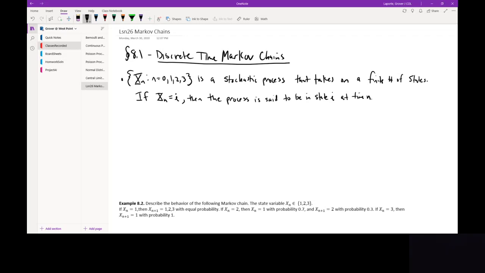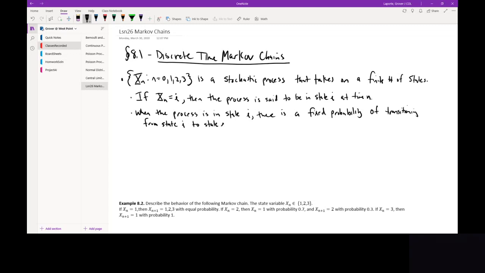When the process is in state i, there is a fixed probability of transitioning from state i to state j.